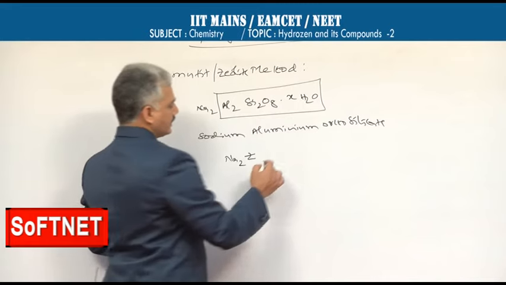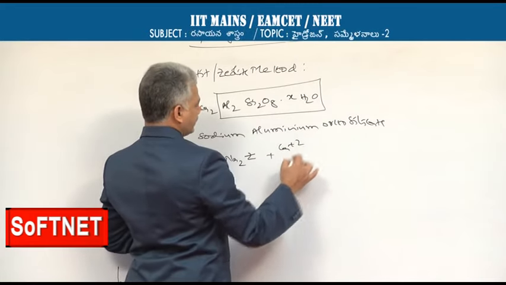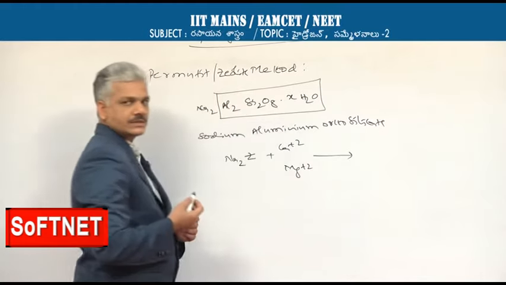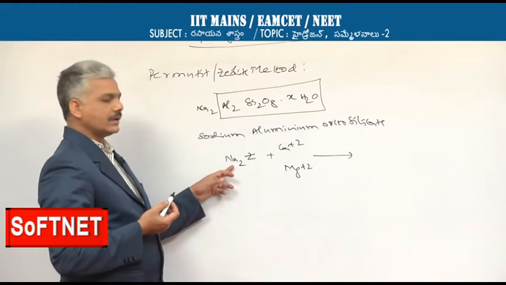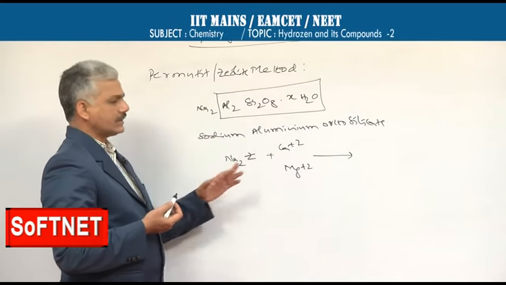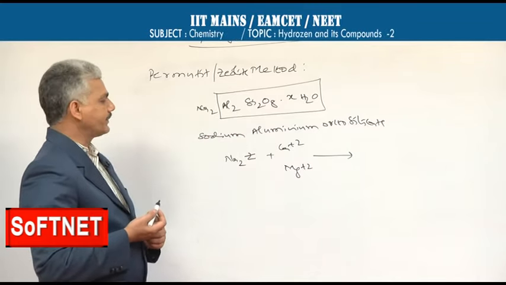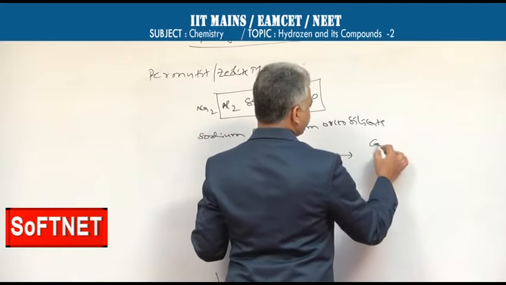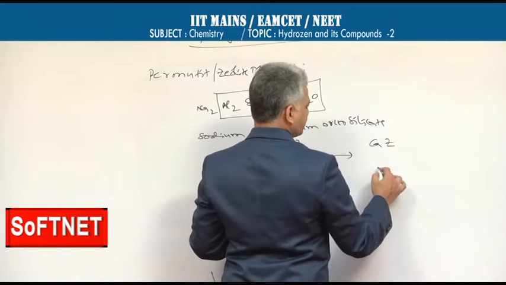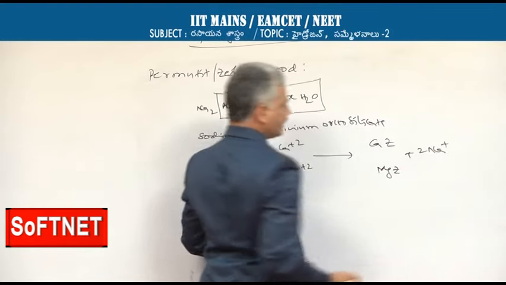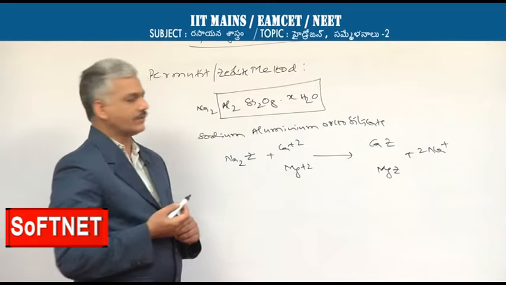When hard water is made to pass through this permutit, calcium and magnesium ions will be trapped by the inert part, and sodium ions are exchanged for calcium and magnesium. So you get calcium zeolite and magnesium zeolite. In turn, sodium ions are released into water.